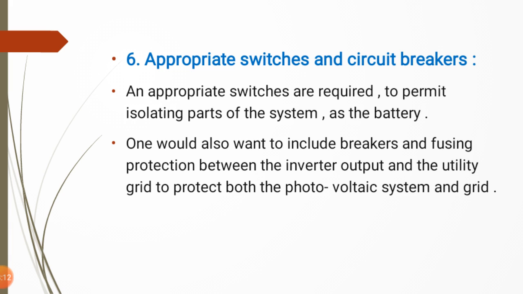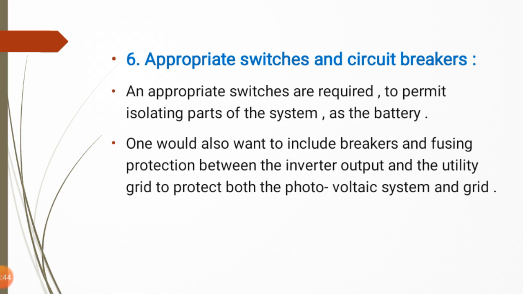So when we want the battery to store the energy, then we can use a switch to connect that battery. And if we want to remove that battery, when we only generate the power and can utilize it immediately, we don't need any battery, so we can remove it with the help of a switch. So the switches play a very important role.